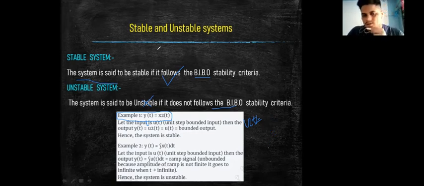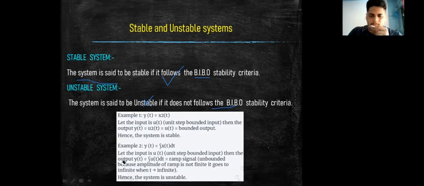So that's a unit step bounded input. Since it's bounded between a certain range, the output y of t will be u of 2t, which is nothing but u of t, which is nothing but bounded input. So hence, for a bounded input, we have a bounded output. This system is stable.